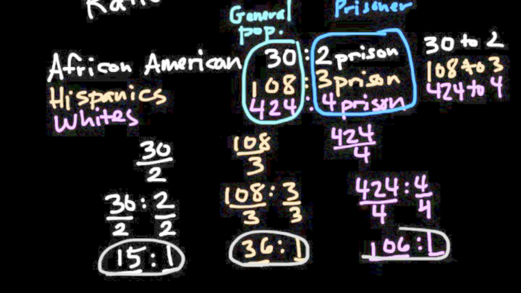But this is the issue that you have in a lot of newspapers and articles when they present these statistics, because these numbers are so different, and there's such an overrepresentation in certain groups according to races.